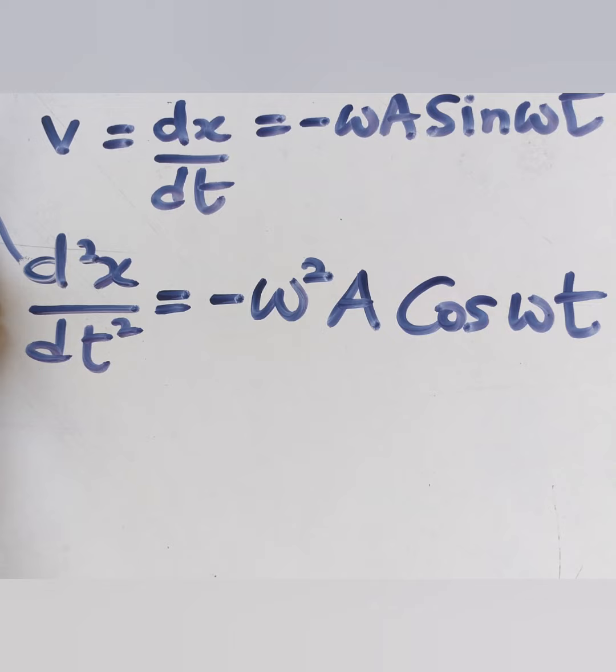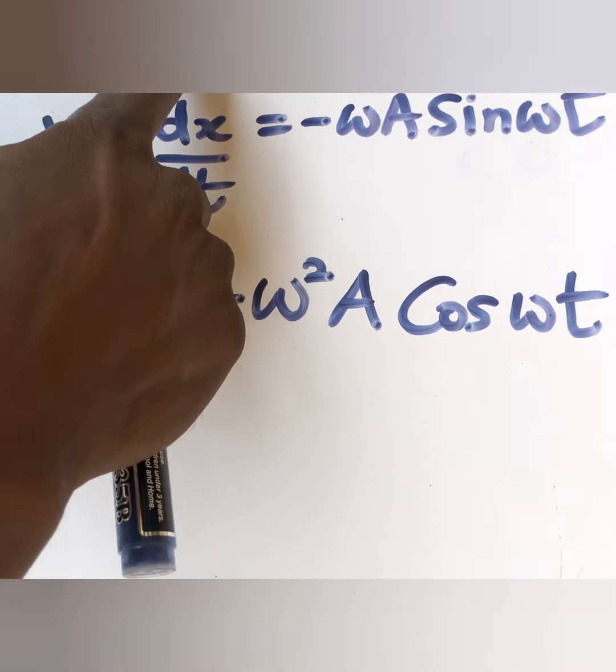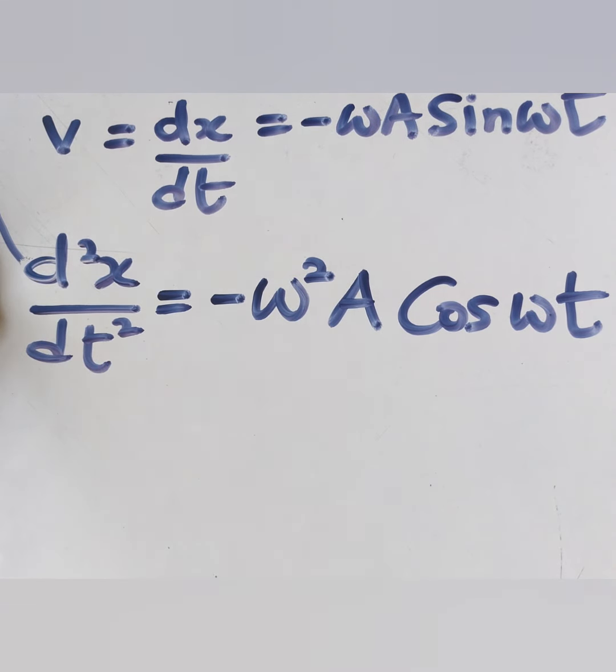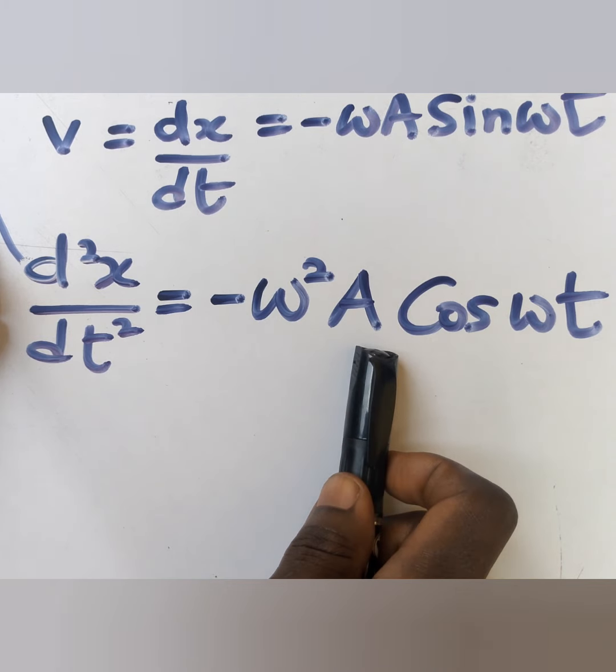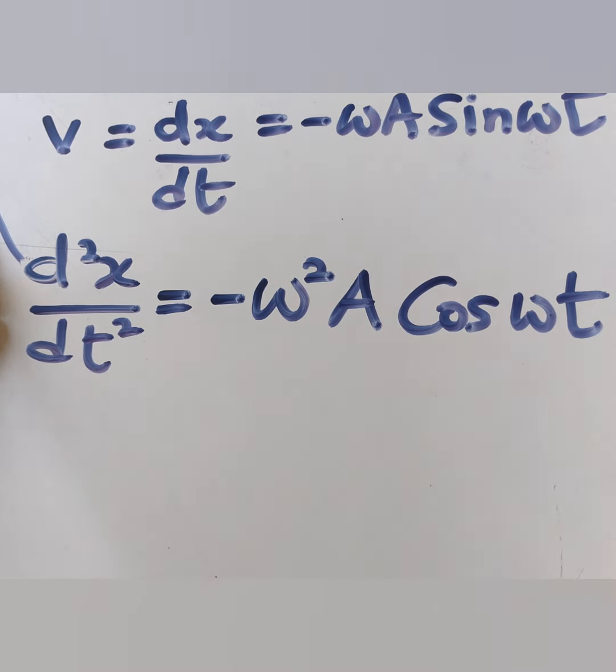The minus is there because of the minus that we have up there. Then I will have omega squared, my a, which is the amplitude, then cos omega t.